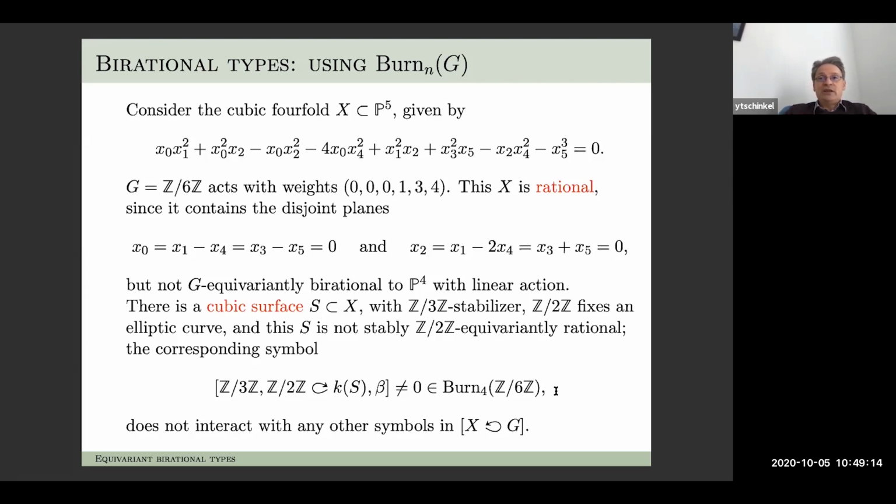Now, I should make a few comments. Rationality of cubic fourfolds without any group actions is, of course, one of the central problems in the field. If you take the categorical approach, it's supposed to be linked to some K3 category, but it's sort of in the middle cohomology. These are the extra classes that are supposed to govern this.